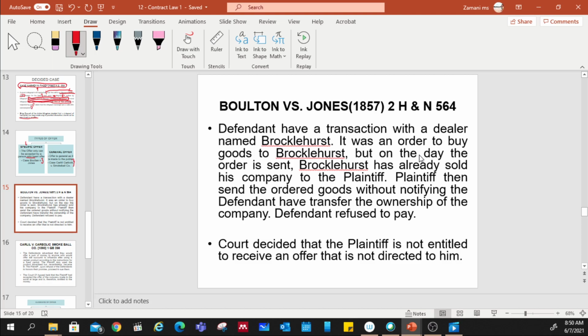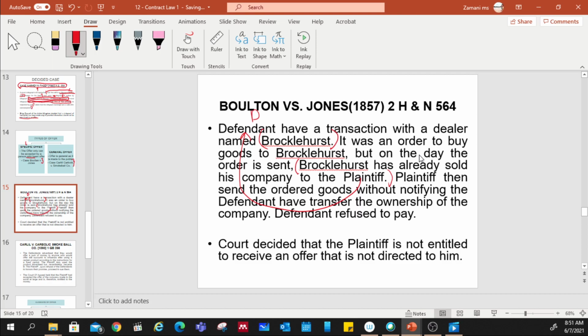The defendant had a transaction with a dealer named Brocklehurst, and made an order to buy goods from Brocklehurst. But on the day the order was sent, Brocklehurst had already sold his company to the plaintiff. So the plaintiff sued the defendant.